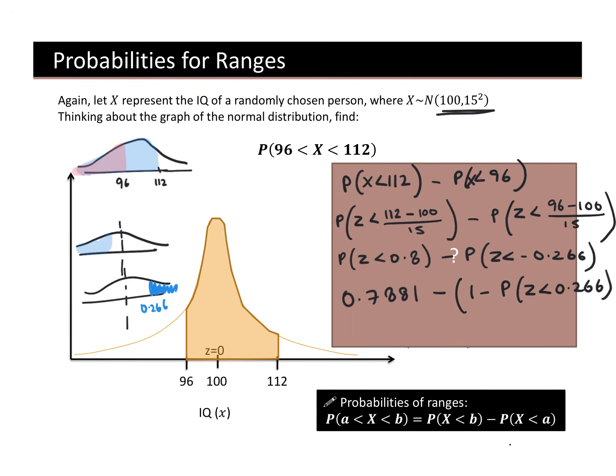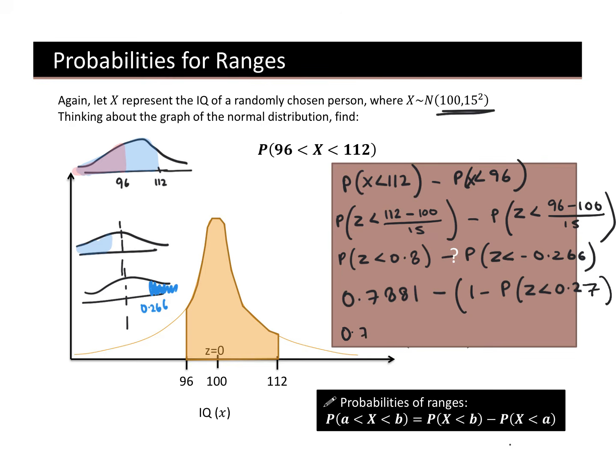Now we have a slight issue. The issue is, on our table, how many decimal places do we go up to? 2 decimal places. Now, this is where we're going to use a calculator, okay? But I'm not going to show you that now. For today, let's just round this to 2 decimal places. 0.27. Okay?